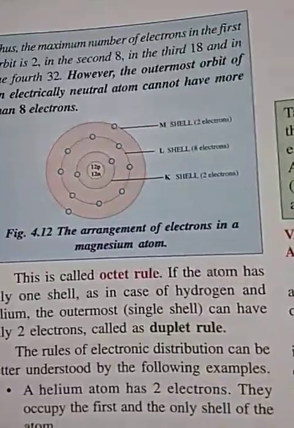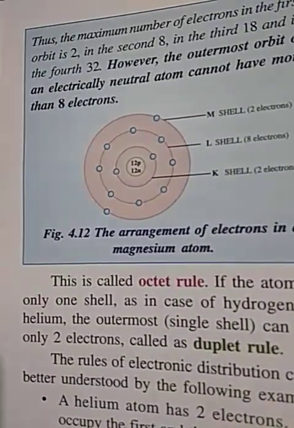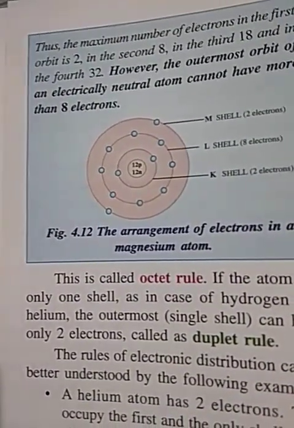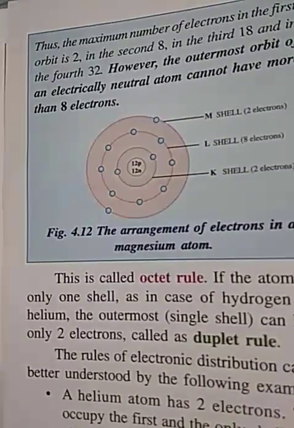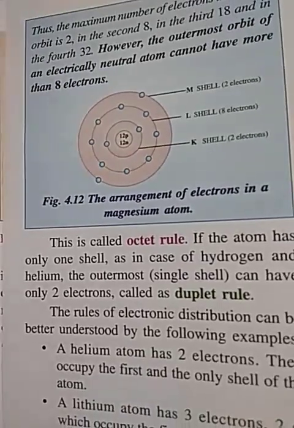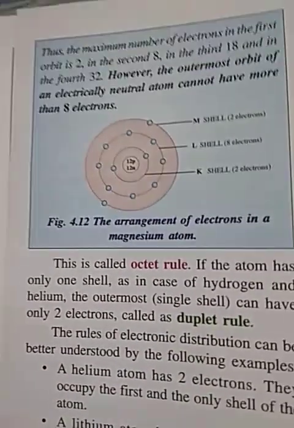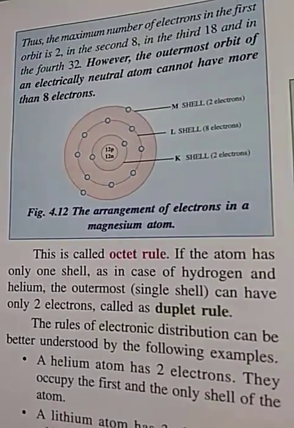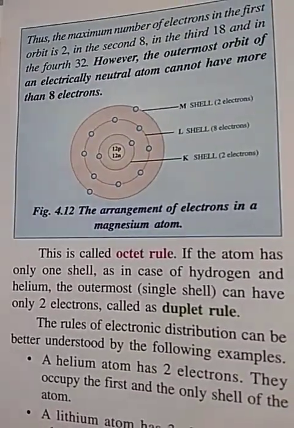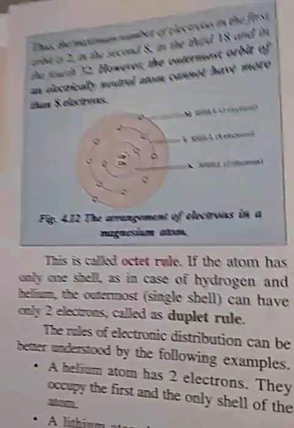The elements which tend to have two electrons in the outermost cell to get the configuration of helium are said to follow the duplet rule, and the atoms which tend to have 8 electrons in the outermost cell are said to follow the octet rule.